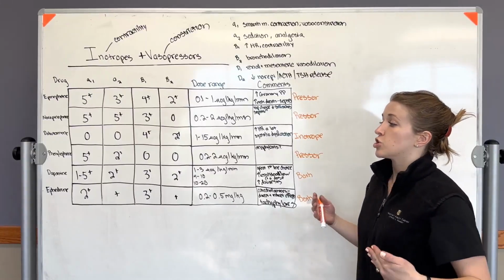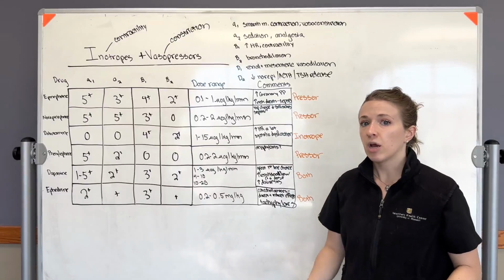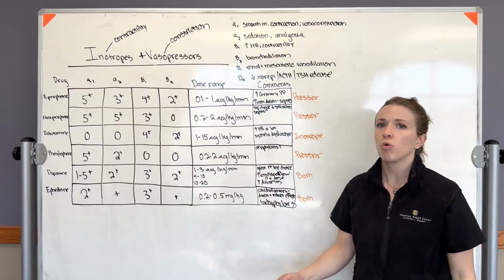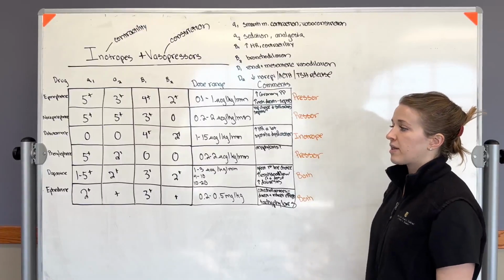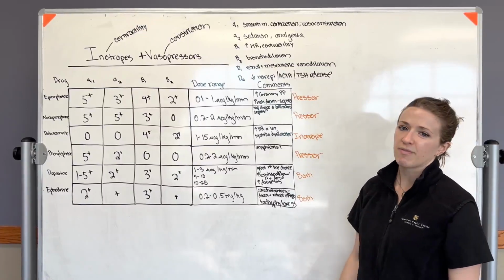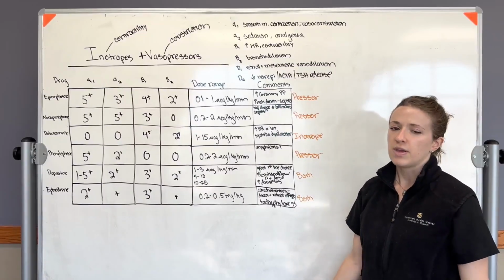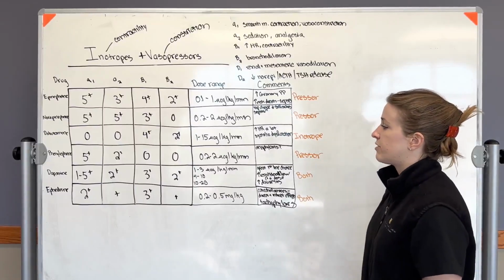So you can certainly try it. It may not always work, but keep it in your toolbox as your backup method for controlling blood pressure in those bad situations where maybe you don't have access to something like vasopressin. So it is a pressor.